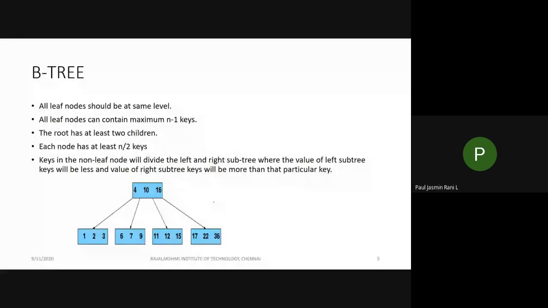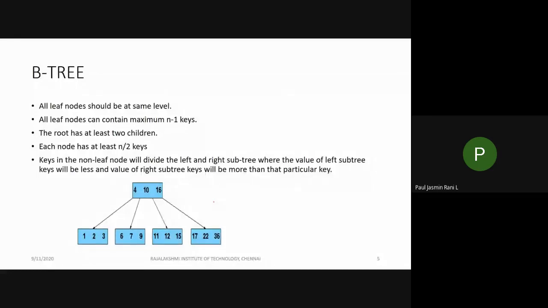In the AVL tree also, if your height is more, then you cannot get the data very quickly.